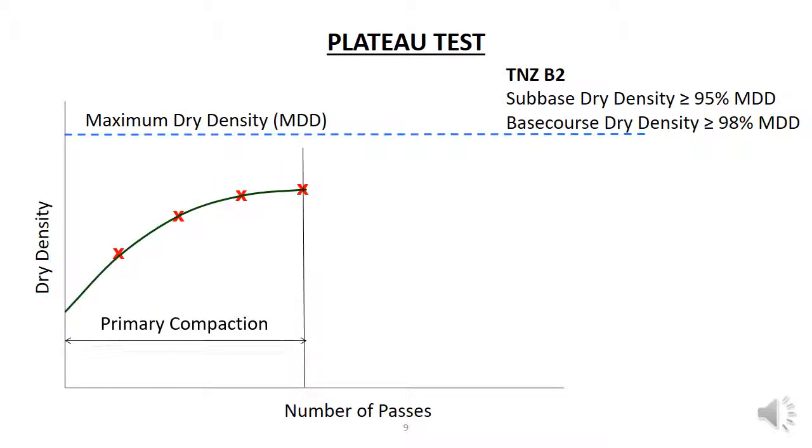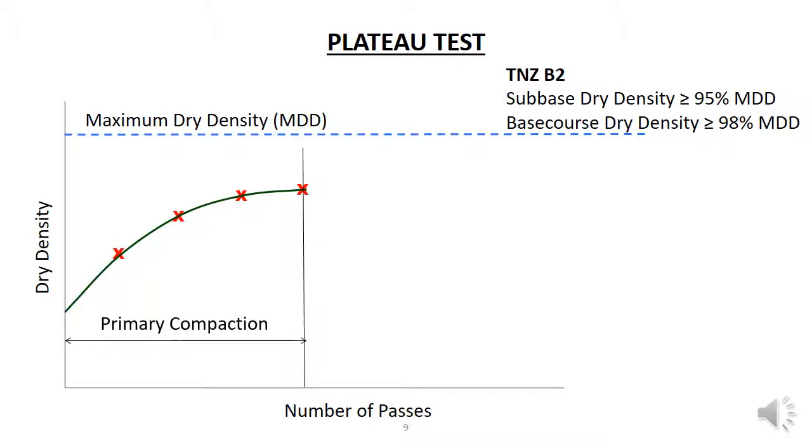This process then continues with the density being measured after each pass and the results being recorded on a graph of the number of passes along the horizontal axis versus the dry density on the vertical axis. The graph normally looks like this after a few passes.